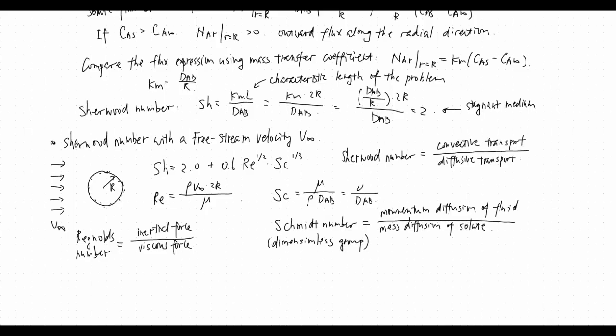Now with the incoming free stream velocity increasing, you increase your Reynolds number, and as a result, you increase your Sherwood number. That means with increased velocity, the Sherwood number, which is a ratio of convective transport versus diffusive transport, shows that convective transport becomes more and more important as your incoming flow velocity increases. That totally makes sense.